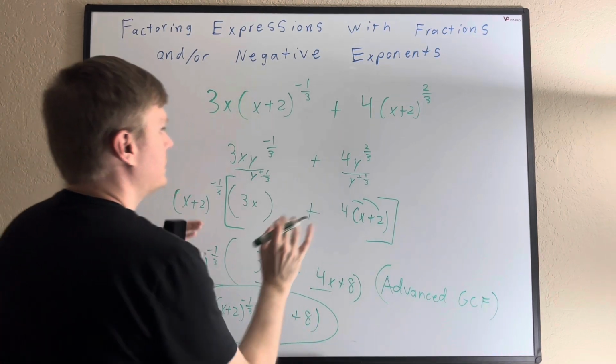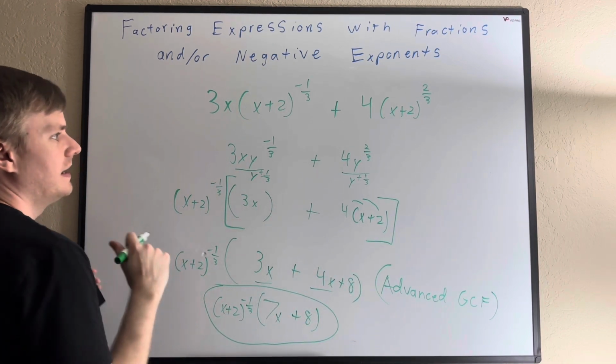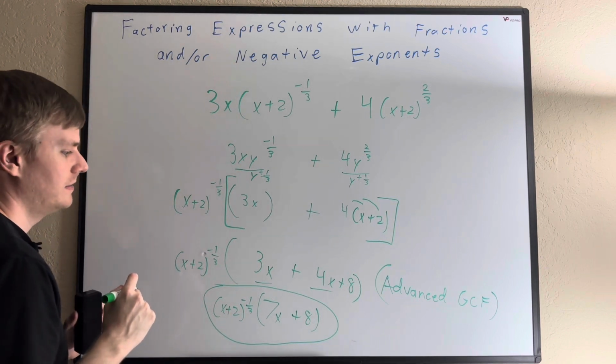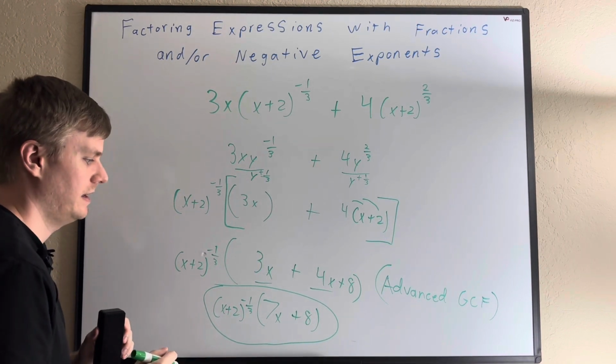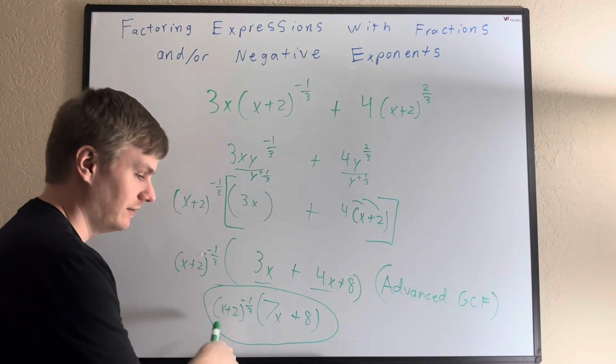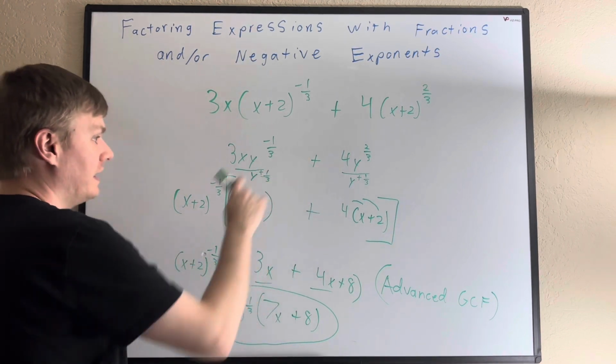That's all we did. It's kind of just a crazy greatest common factor thing. Now, there is another way to do this. Usually when I factor things out, I like to distribute them and try to prove that it's the real answer.